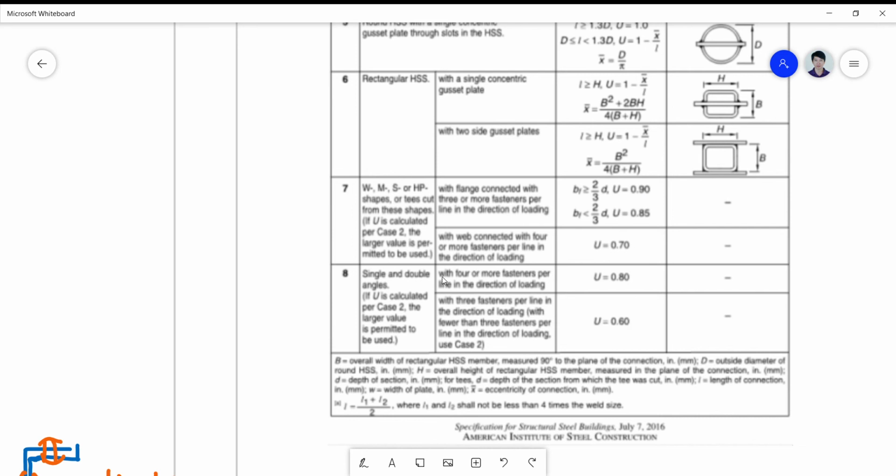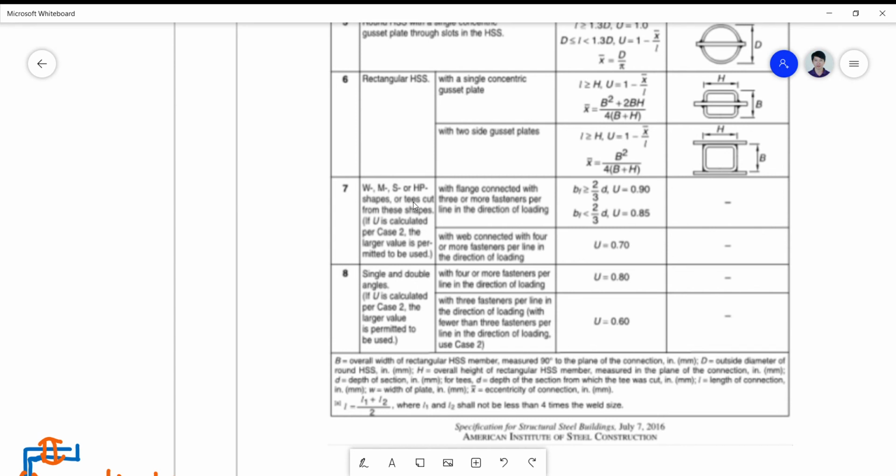Okay, remember that this is applicable on W, M, S, HP shapes, which I discussed on your steel sectional shapes, and these are for single and double angles. So 7 is for the standard W, M, S, HP shapes, and this is for single and double angles, including T's.